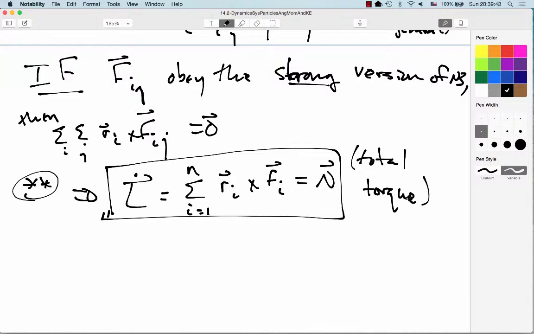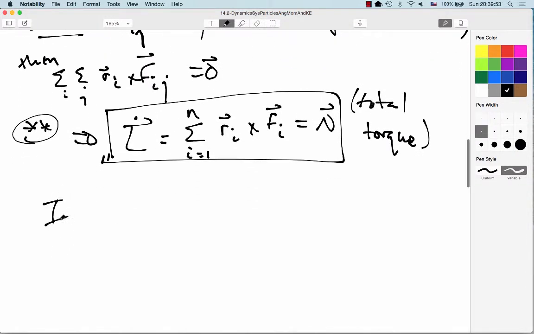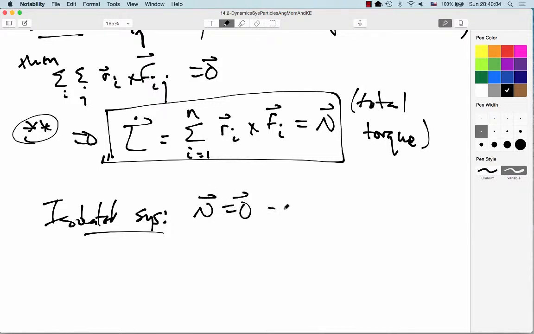So for an isolated system, the external torque would be 0, and then the angular momentum would be a constant. So that's the principle of conservation of angular momentum.